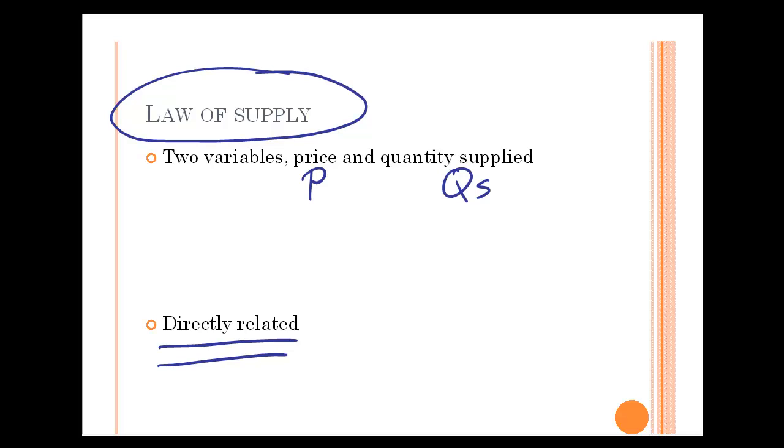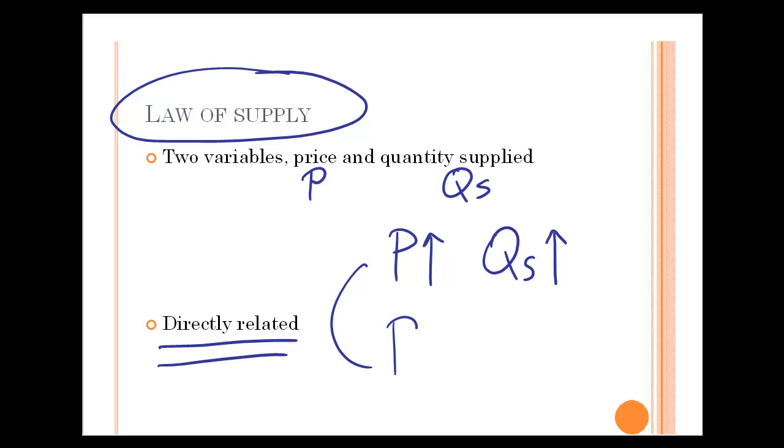Or let's put it in terms that we can understand and are consistent with what we've talked about before in other lectures. As the price of the good goes up, the quantity supplied of the good goes up. In other words, notice that price and quantity supplied are both moving up. It's not that one is moving up and the other is moving down.